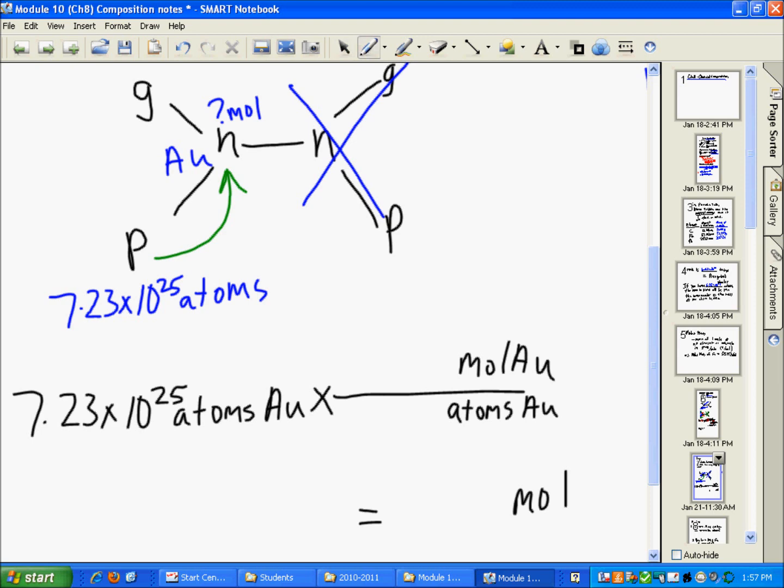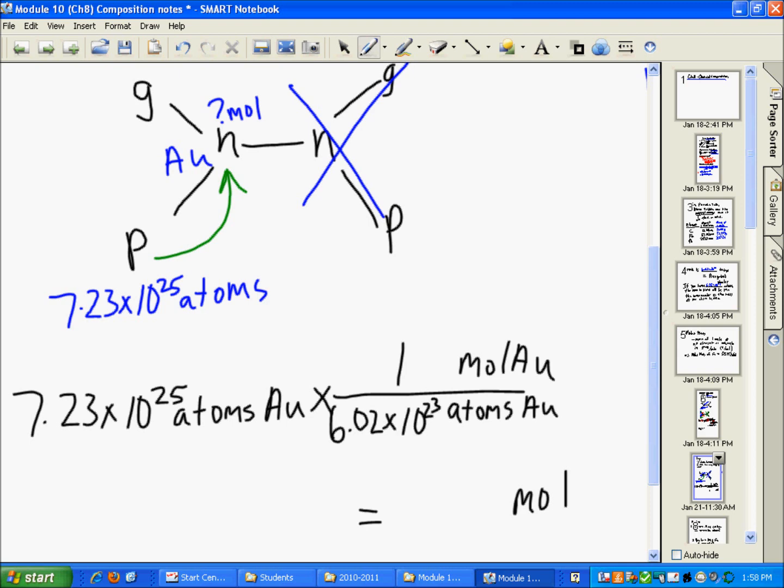All right, how many atoms in a mole for Au? 6.02 times 10 to the 23. Does that go on top or on bottom? It goes on the bottom. 1 mole is 6.02 times 10 to the 23 atoms.